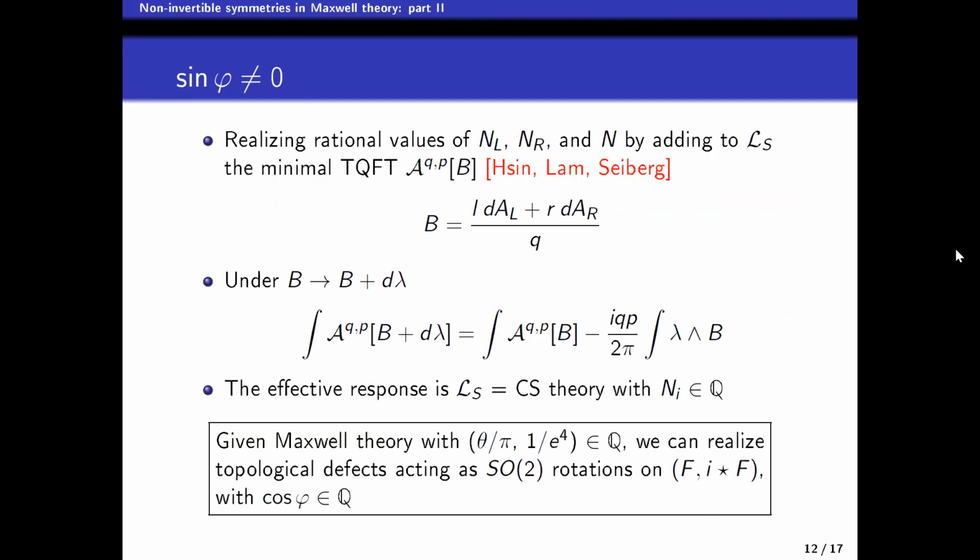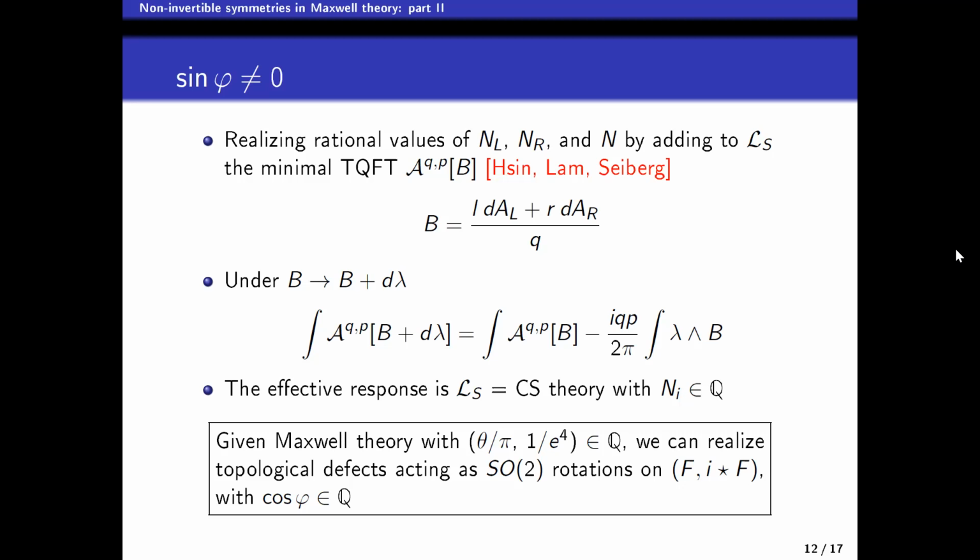So we can realize the rational values of this coupling by adding to this Lagrangian this A^{N,P} theory, which from the 3D point of view is coupled to a background Z_N 1-form gauge field, which we're taking as a combination of the left and the right field localized on the defect. The important thing about this theory is that we want to know how it transforms once you do a small variation of the background field B, and this is the variation of the action with this variation here.